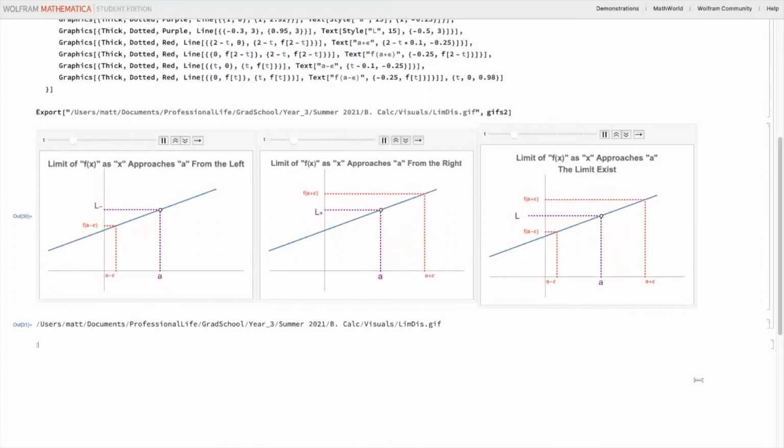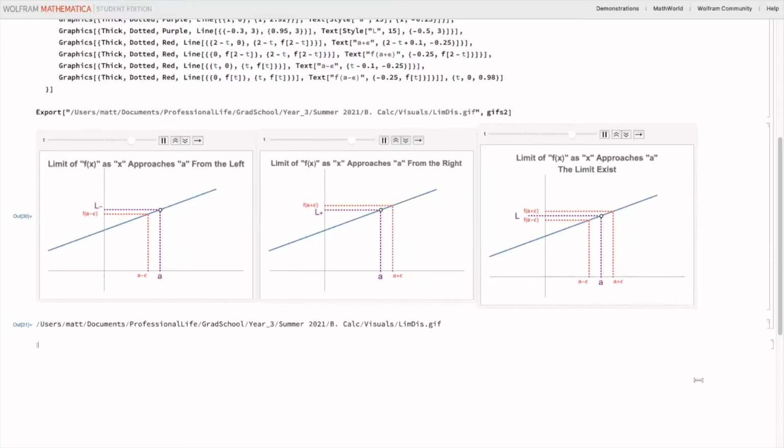If both of those values approach the same value L, then we would say that the limit as x approaches a of our function is equal to L. But notice we could break this up into a left-hand limit and a right-hand limit. So we can approach just from one side or the other. That's what we're going to be talking about next.